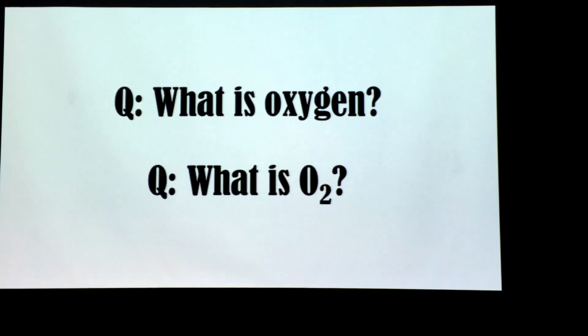And the answer is oxygen is an atom. However, O2 is a molecule, because again, a molecule is made up of two or more atoms, like oxygen. Oxygen plus oxygen would be a molecule like O2.